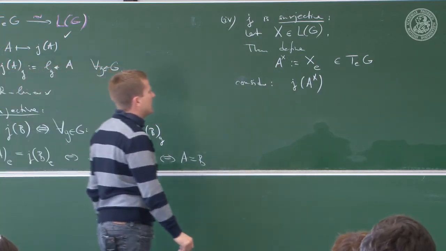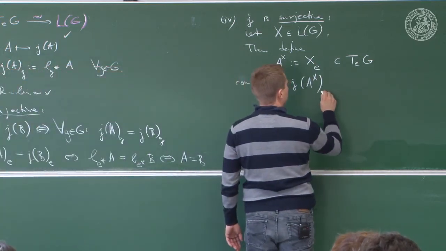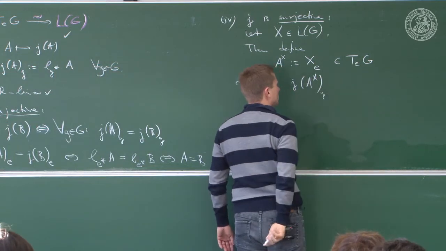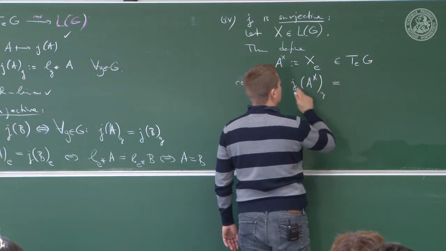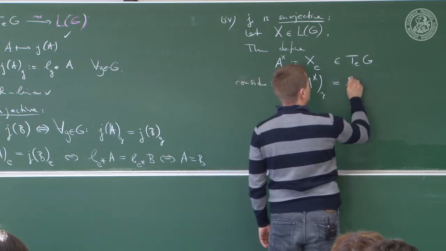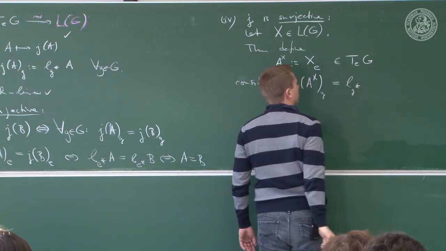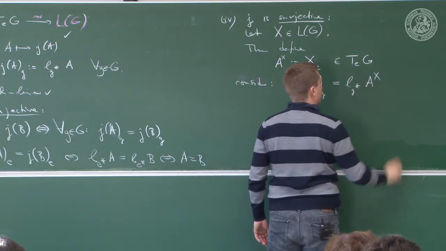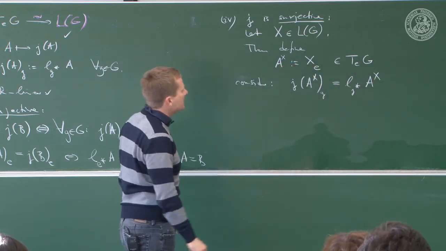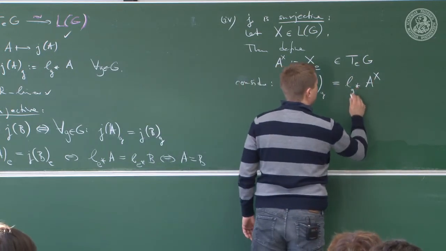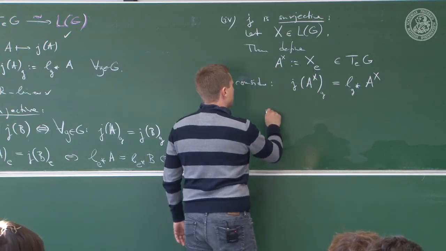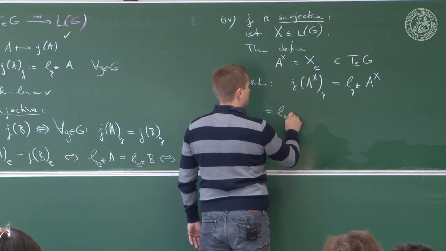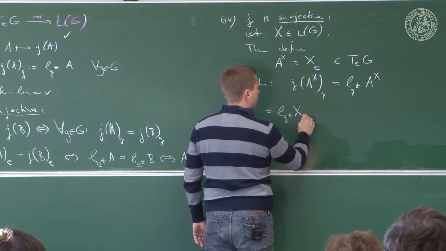So what is JAX? JAX at position G is, by definition of J, LG push forward of AX. But that is LG push forward of X at position E.